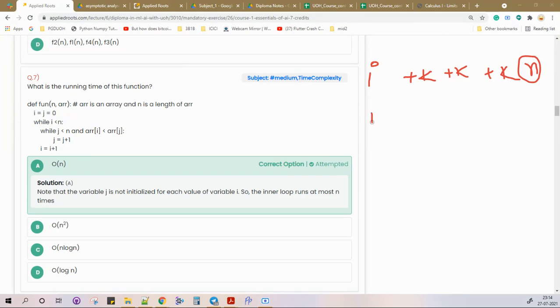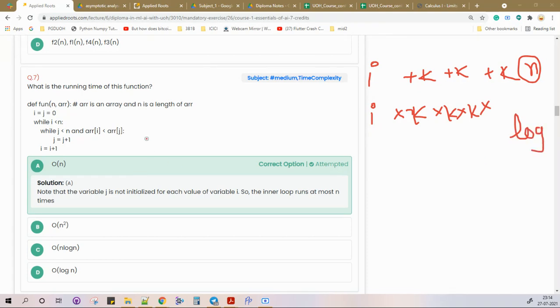Then if your variable value is increasing in multiplication, multiplied by let's say k, then multiplied by k, then multiplied by k, what is the meaning of this? Your i was 1, then 2, then 4, then 8, then 16, like that. If it is in multiplication, then it is mostly log of n, right?